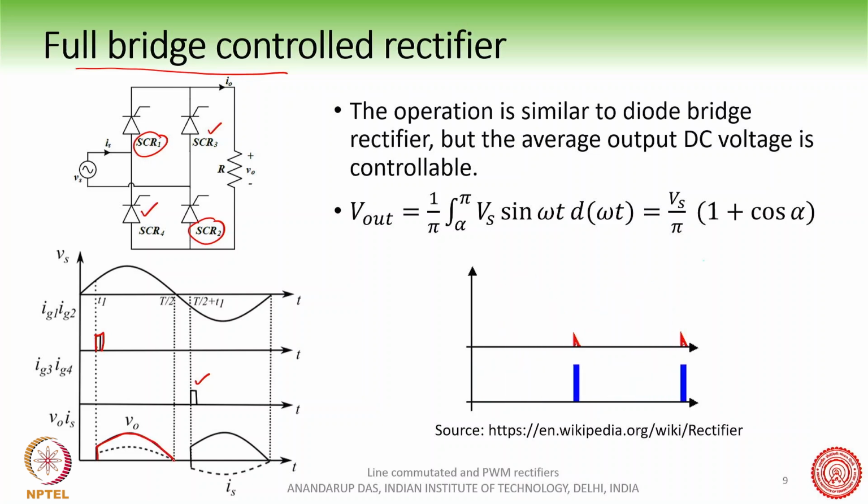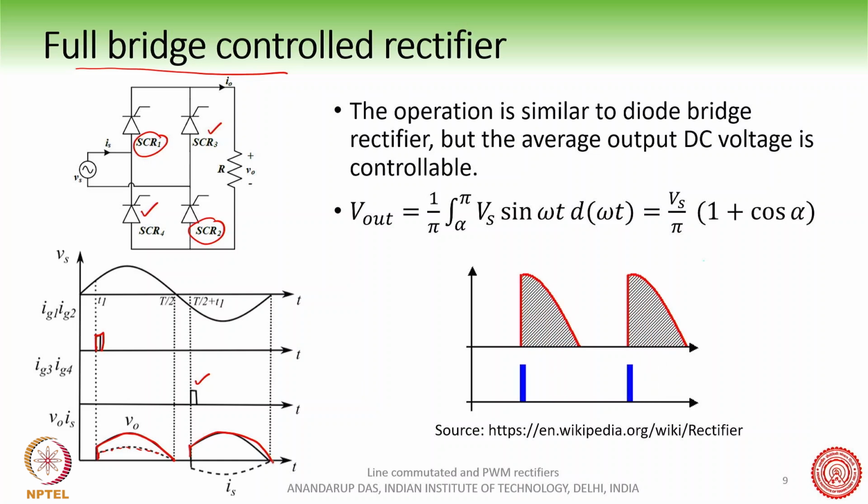Because this is a resistive load, the current is shown by this dotted line. Similarly, in the negative half of the AC cycle, we also fire the thyristors and we get one more portion. So now we are getting more voltage, right?